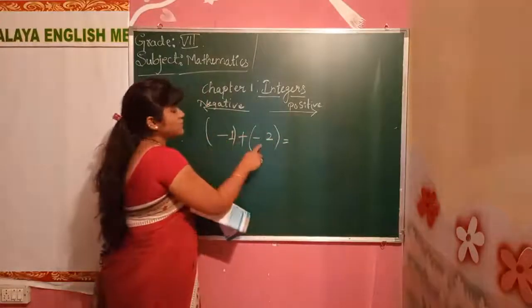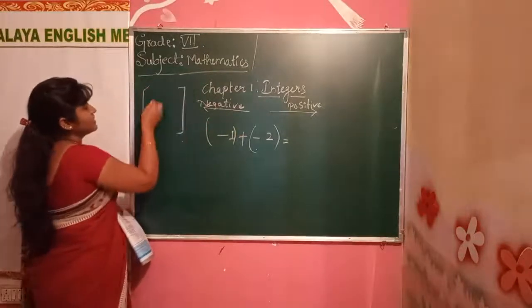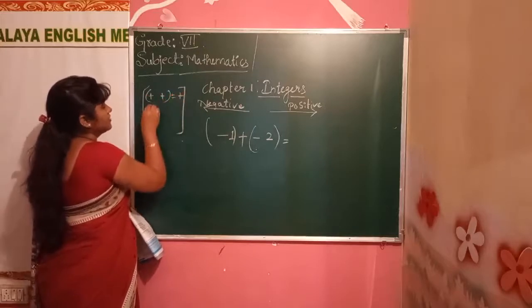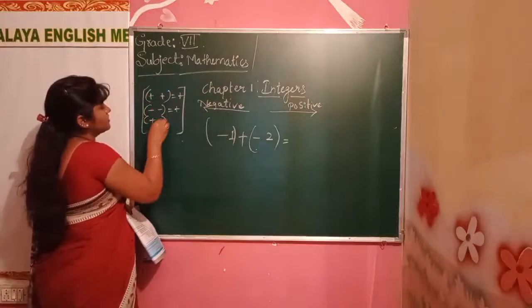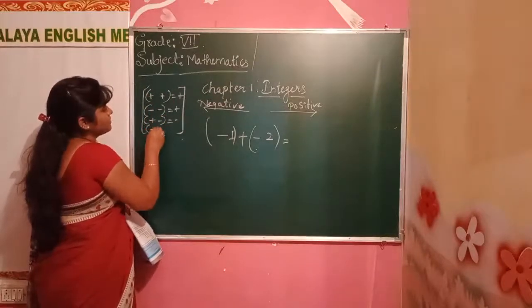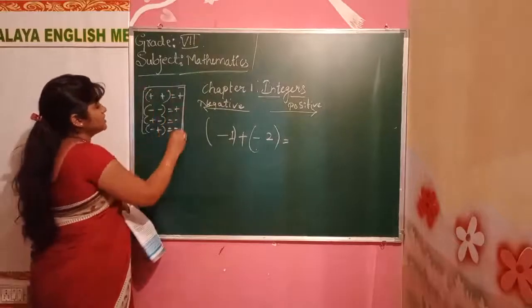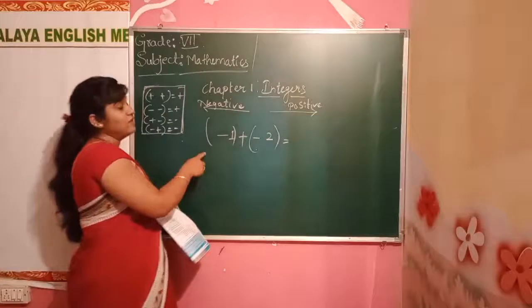Here I will write the condition: plus will be plus, minus will be plus, minus will be minus, plus will be minus. Please don't forget this condition. This will help you lifelong. We'll apply this now.